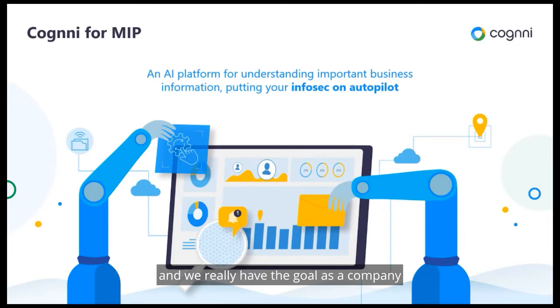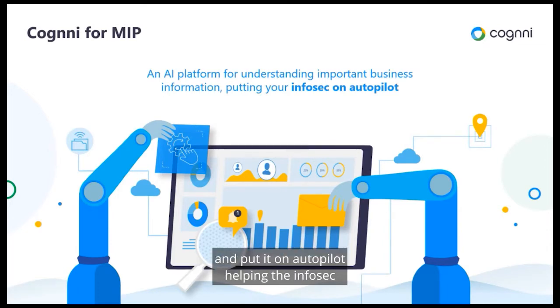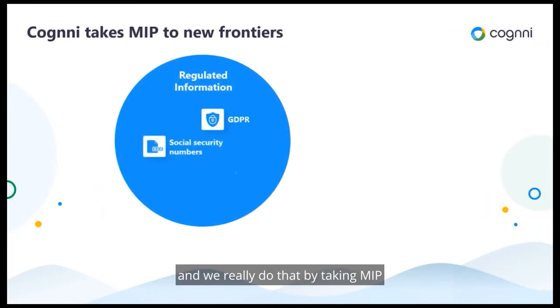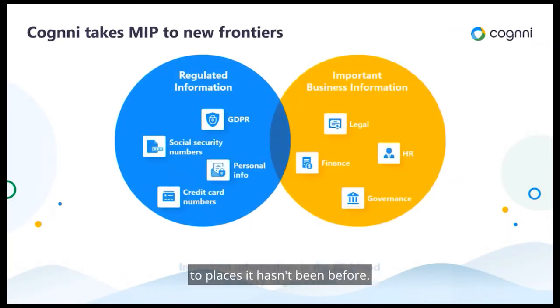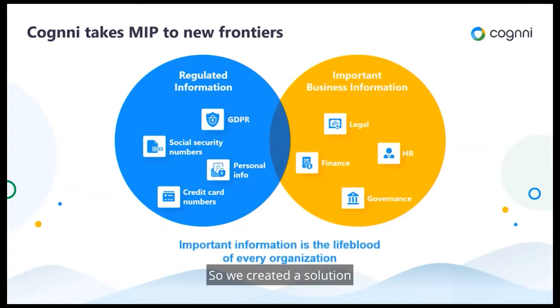And we really have a goal as a company, which is taking the InfoSec and putting it on autopilot, helping the InfoSec to do their job as much as we can. And we really do that by taking MIP to places it hasn't been before. So we created a solution to complement the regular information that MIP finds today.